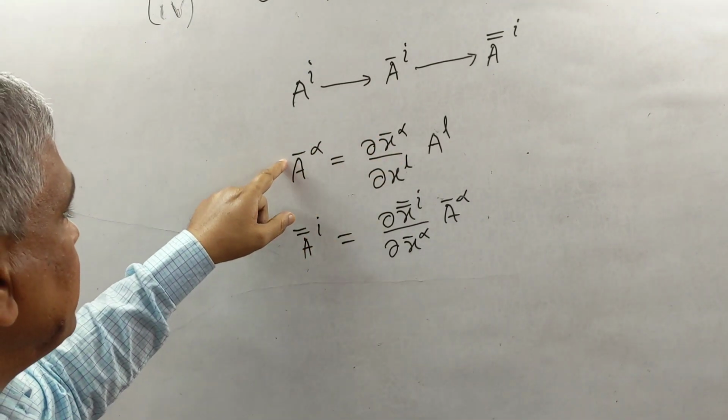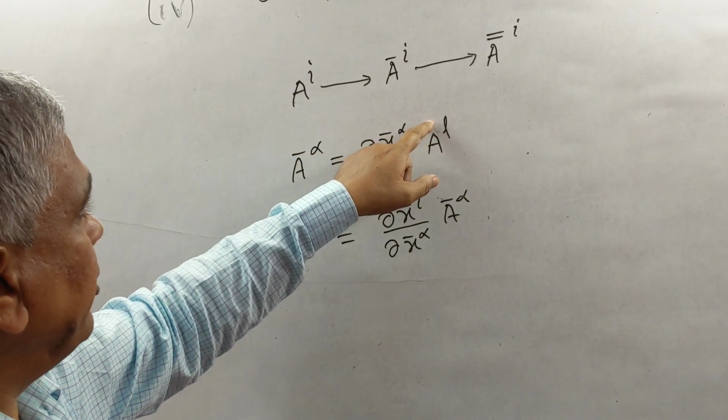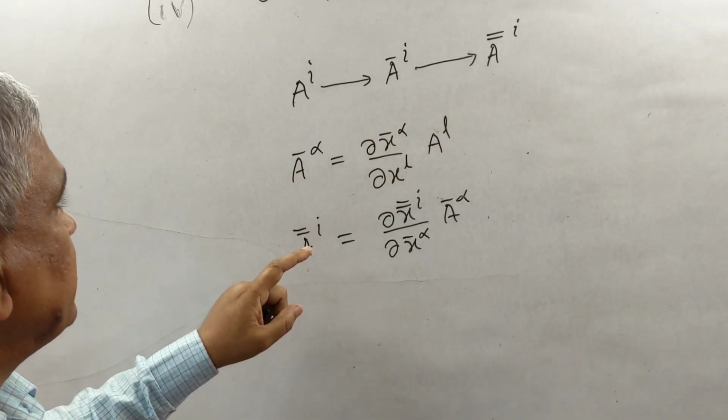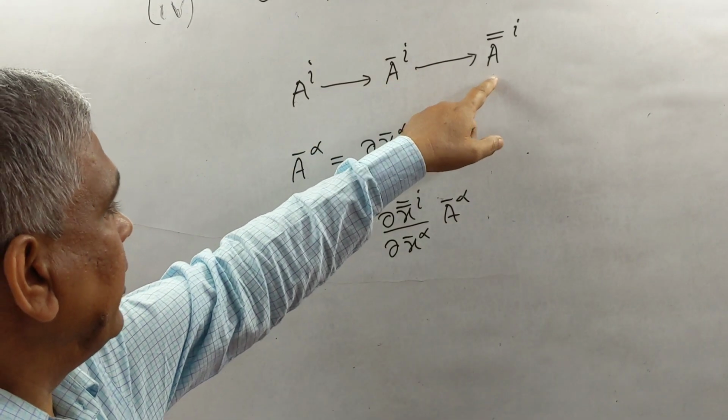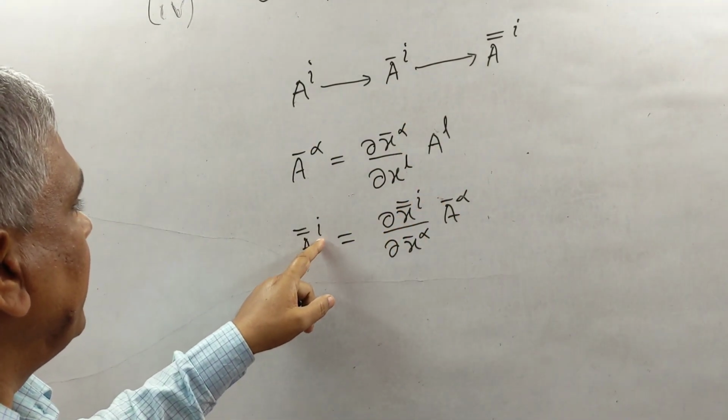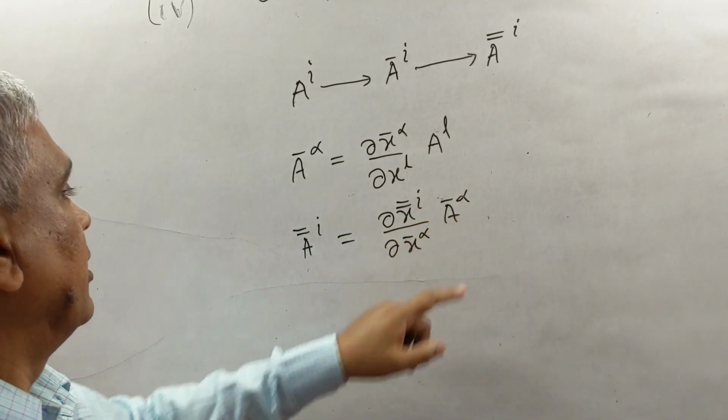In this case, this side bar, this side without bar. Second transformation is A bar i to A double bar i. Left side double bar i, right side single bar.